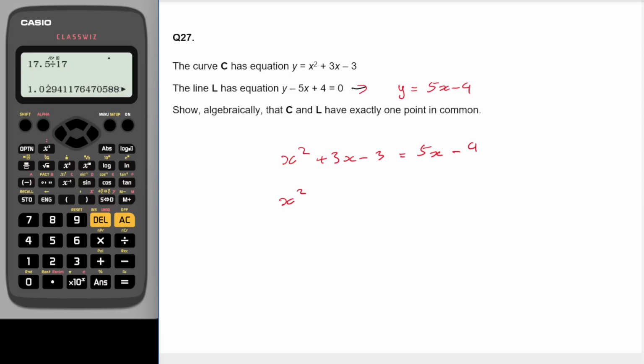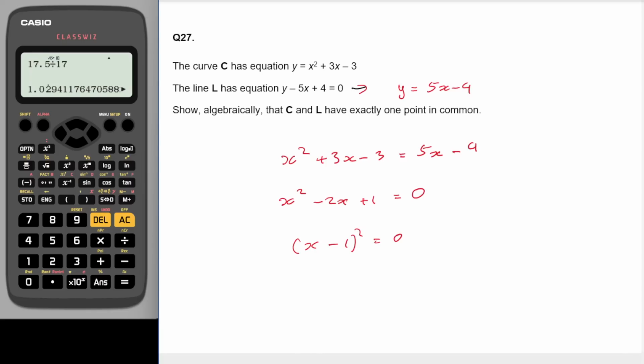Now if I take everything over to the left, that would give us x squared minus 2x plus 1 is equal to 0. And then if I factorise that, that's a square. So x minus 1 all squared is equal to 0.